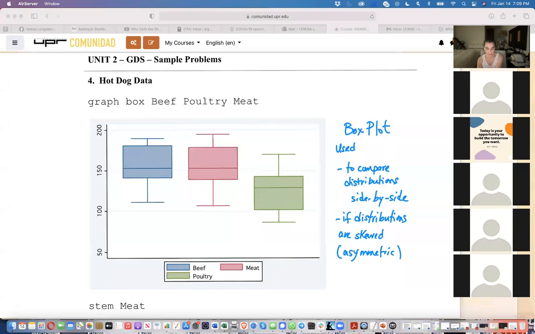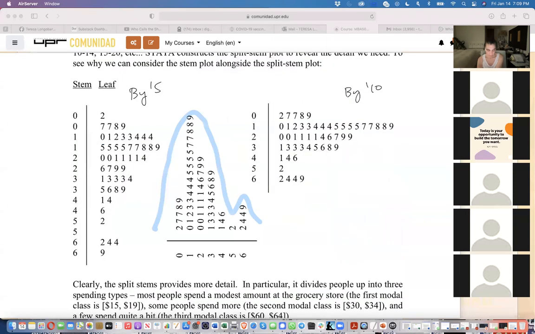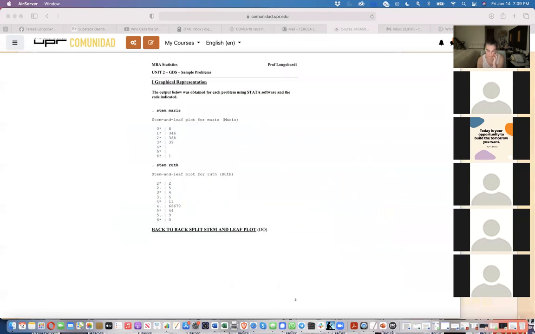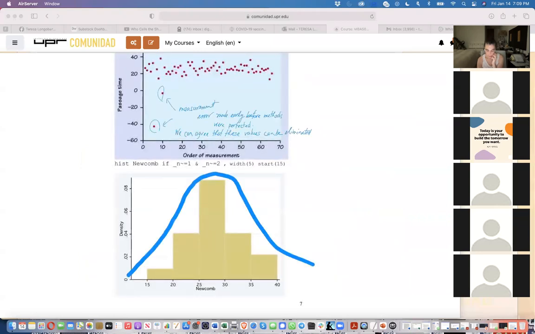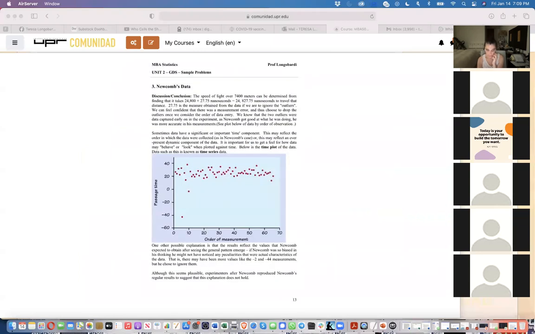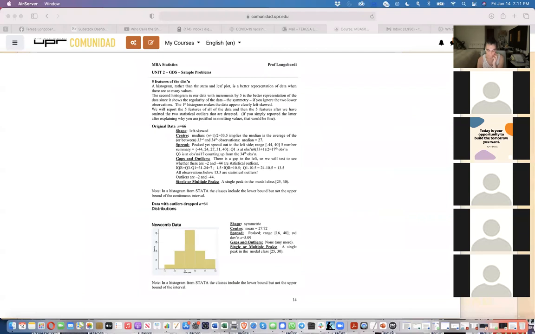This data represents, let's go back and read what it represents. I believe I explained it here.